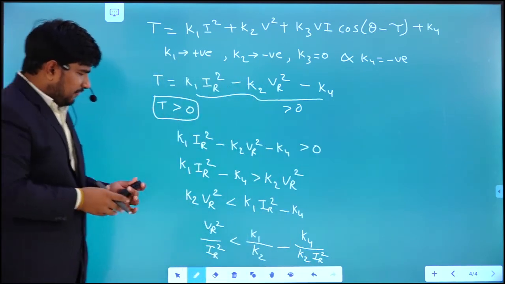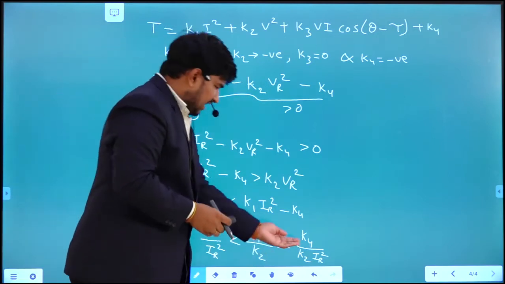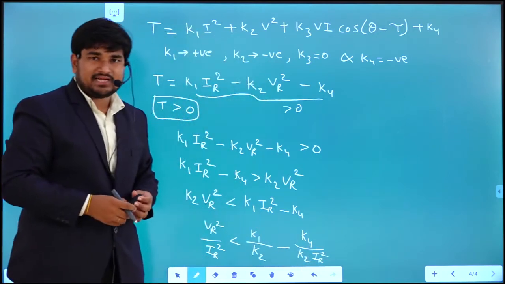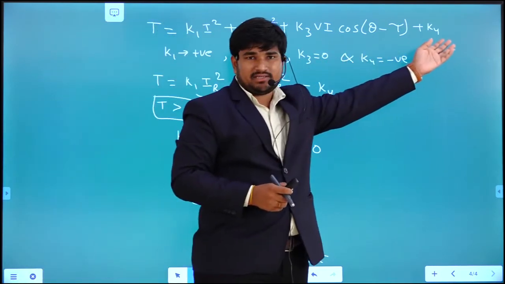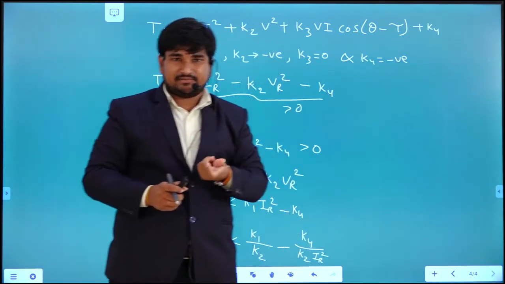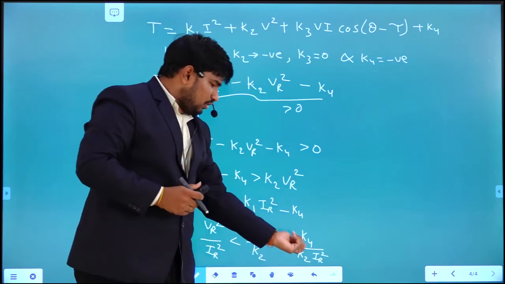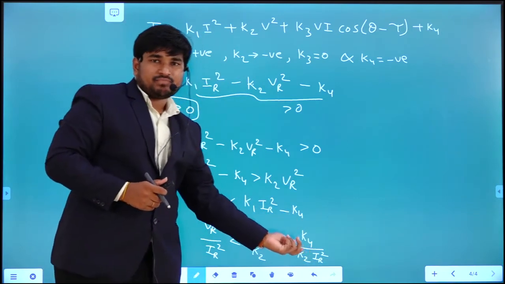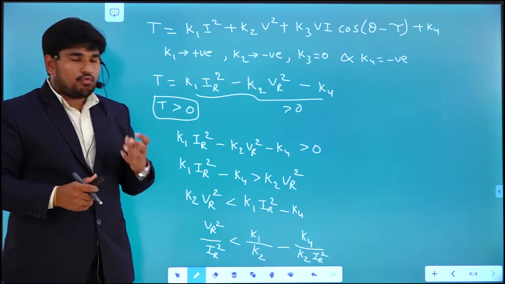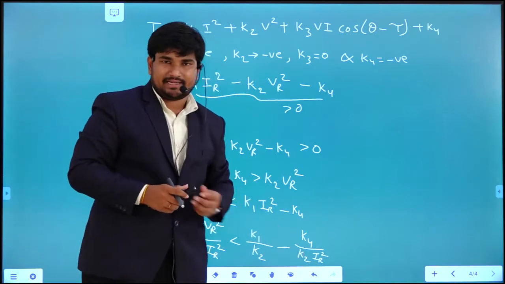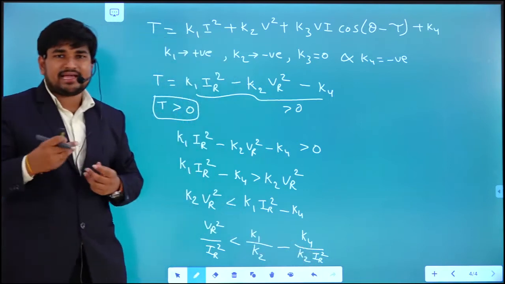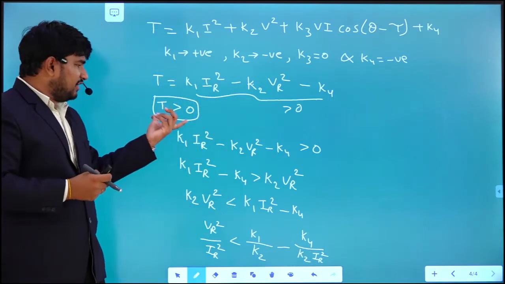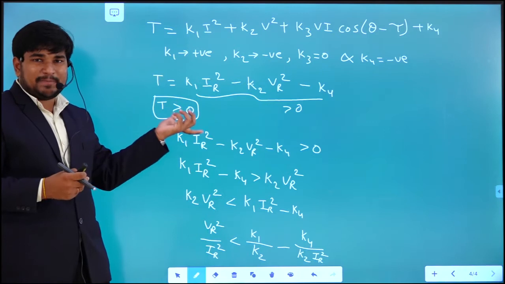Now if you see this expression, K4 divided by K2 into IR square, here K4 is the spring constant only, that is the spring tension. So the spring will produce restraining torque only for lesser values of current. But in the case of high currents, we need to produce a trip signal, that means it is fault current.